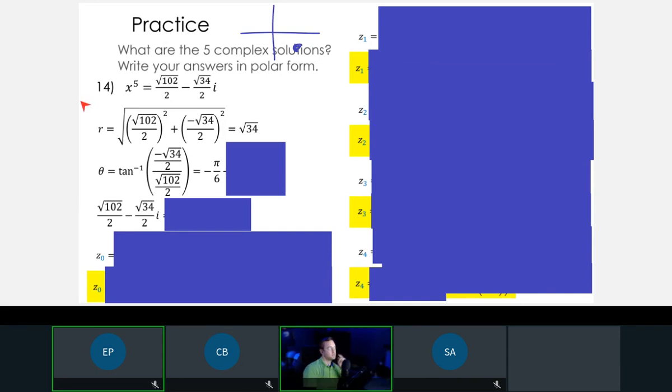Okay, so there's a slight problem. Even though negative pi over 6 is also in quadrant 4, the problem is it's negative. When you write your polar form, you want to keep the angle positive, between 0 and 2 pi. The problem should actually state the interval, and I think for the most part it does.